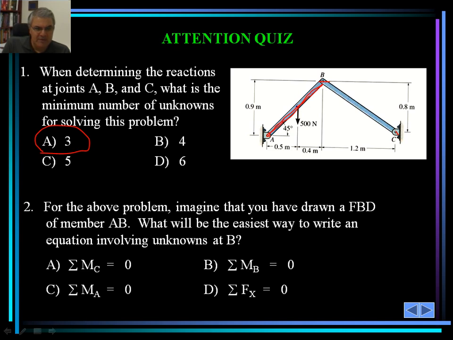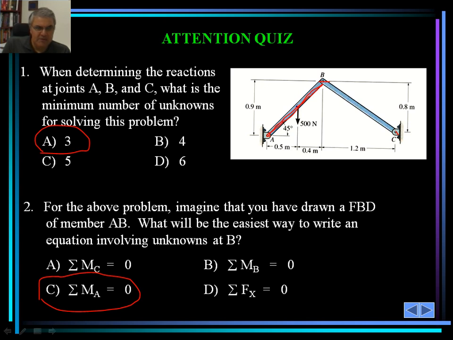A summation of moment about C set to 0, summation of moment about B set to 0, summation of moment about A, or summation of forces in X. Let's take a look at that here. We try to eliminate as many unknowns as possible. In that case, it's better if we take the summation of moment about point A and set that to 0.